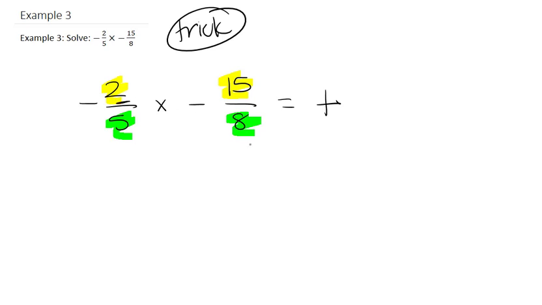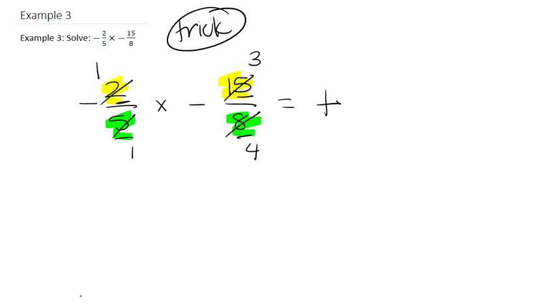For this 2 and this 8, we see that they both have a factor of 2 in them. So 2 divided by 2 is equal to 1. 8 divided by 2 is equal to 4. Then we have 5 and 15. They each can be divided by 5. So 5 divided by 5 is 1. 15 divided by 5 is 3.